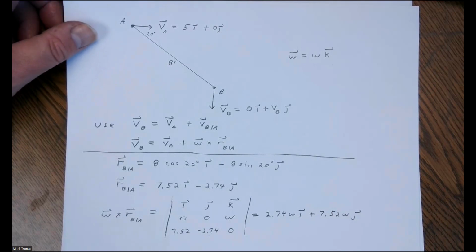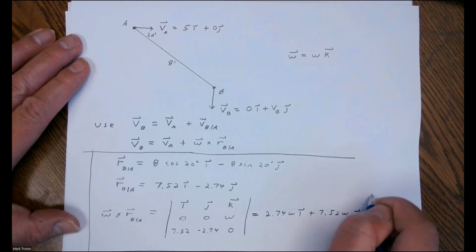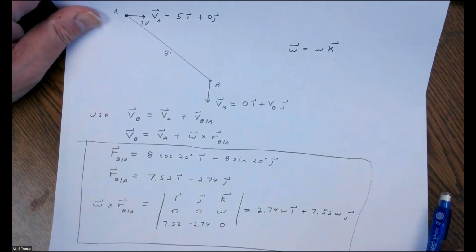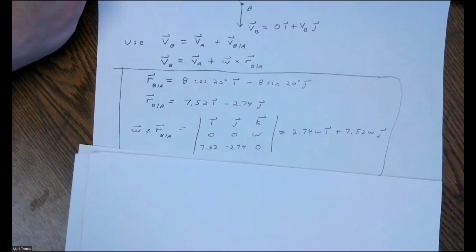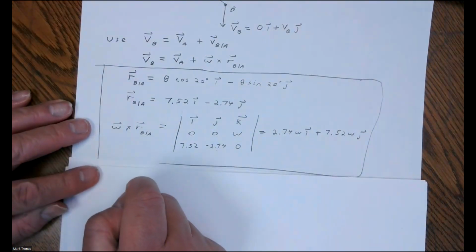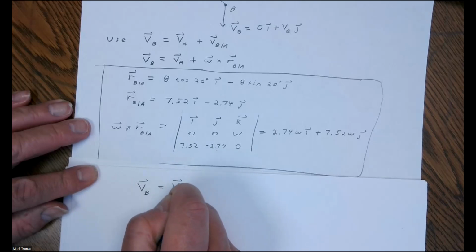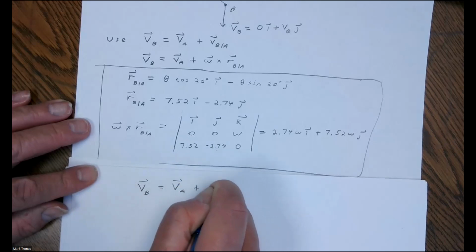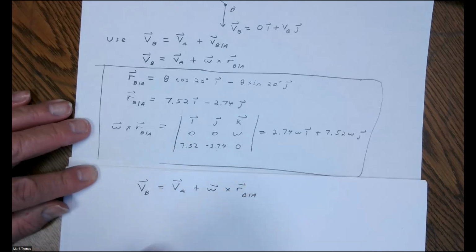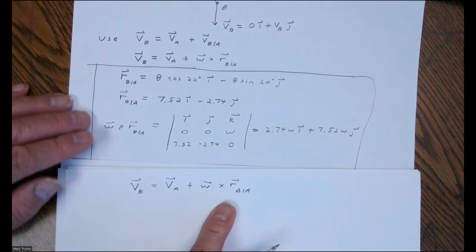Now we can substitute all this into our equation. Let me write that equation down again so it's clear: VB equals VA plus omega cross RBA.